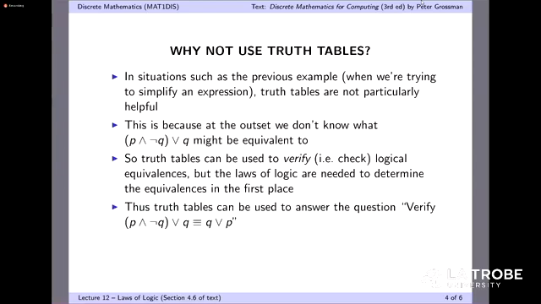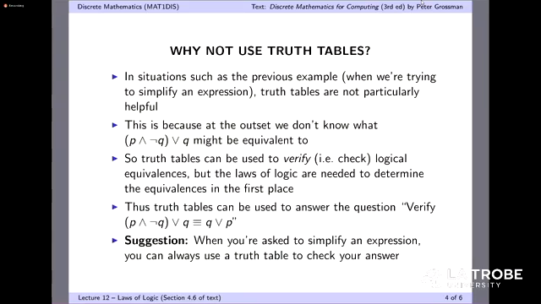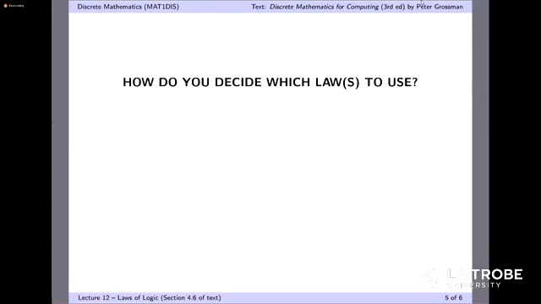Anyway, how do you decide which law to use? You've done a few examples now. There's no pet rule that you exactly have to use that law, or first go for this and all that.